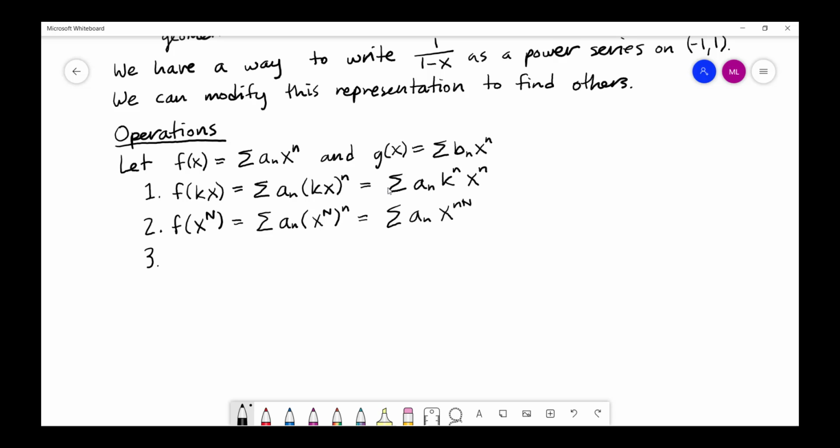A third property, or third operation, is if I combine my two functions, and let's say plus or minus, I can add them or subtract them, I can simply add or subtract the two series as well. And on top of this, we're also going to have some rules about how differentiation and integration work as well.